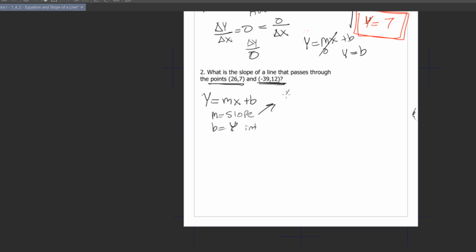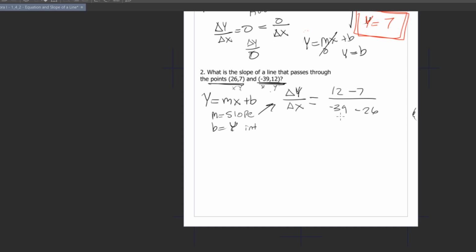So slope is delta y over delta x. Delta y here is 12 minus 7, divided by negative 39 minus 26.